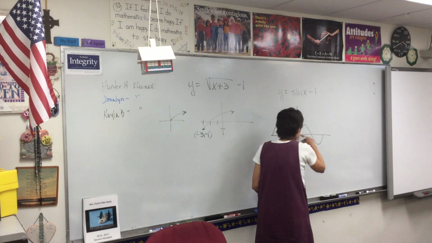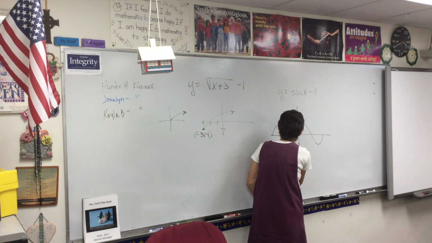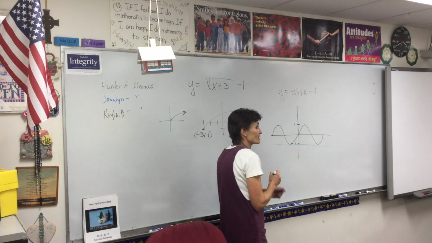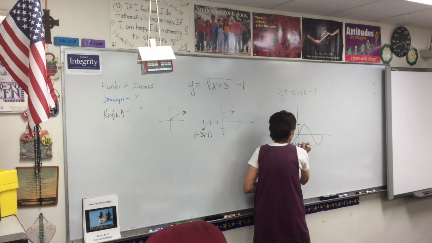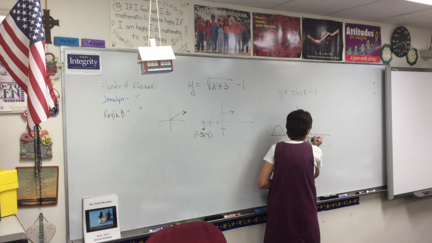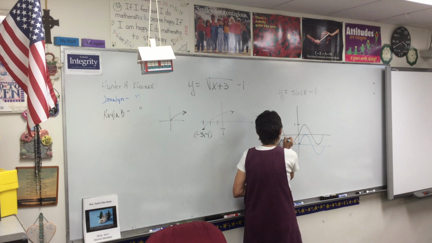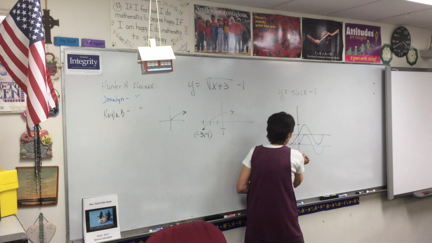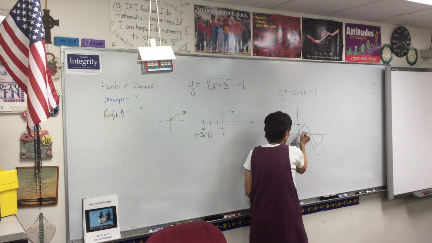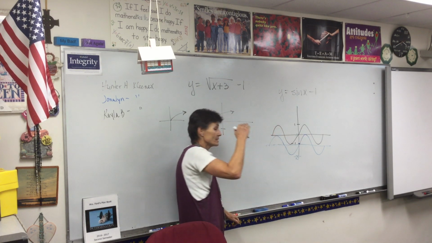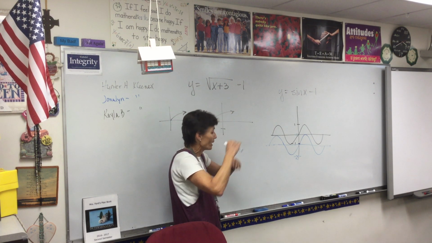So instead of this being the axis, this is going to be the axis now, right? That's going to be the axis. So now my thing is going to start here and go up and down 1. So the low point will now be at -2, and the high point will be at 0. So instead of going between -1 and 1, drop it down, it's going between -2 and 0.